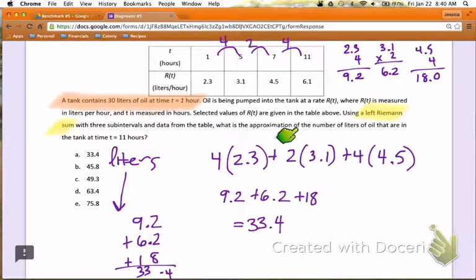They want to know, use this approximation to tell me how much oil is actually in the tank. Not how much more oil, but how much oil total is in the tank. So if we started at 30 and we accumulated 33.4 more liters of oil, then now we should have a total of 63.4 liters of oil in the tank, which is actually answer choice D.